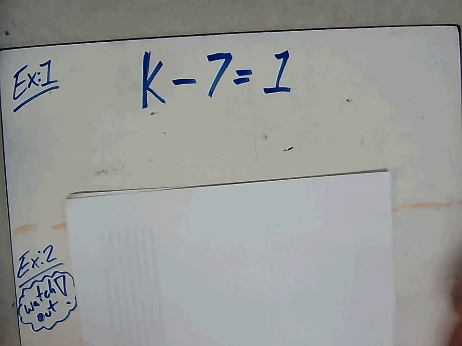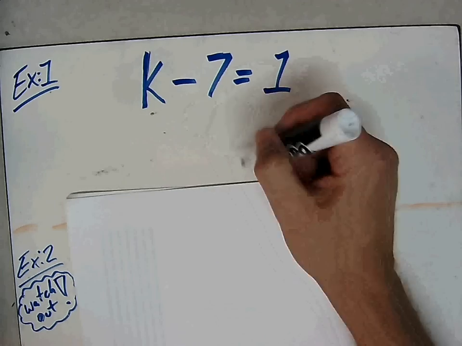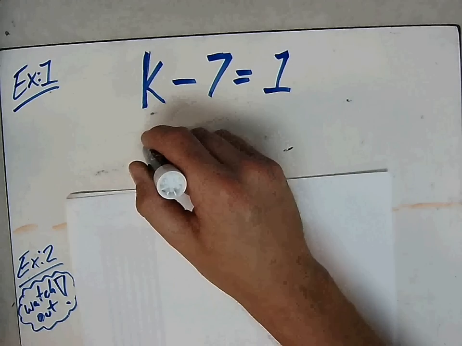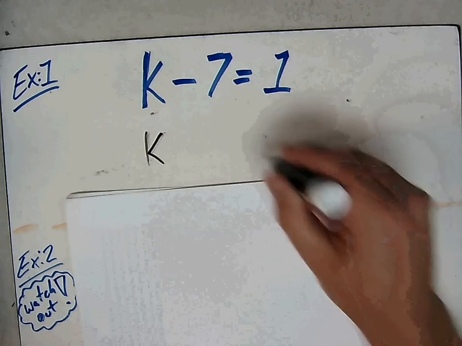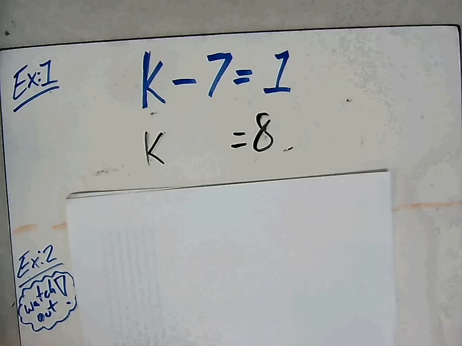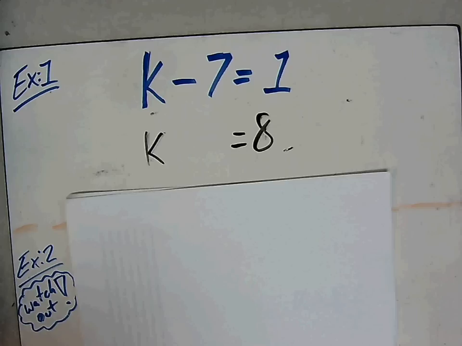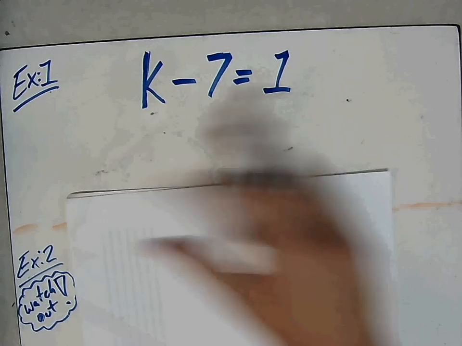So you want to put, oh, so k equals 8. But you can't do that because you have to show your steps. For those of you who couldn't hear it, you have to show your steps. Here's how you show your steps.